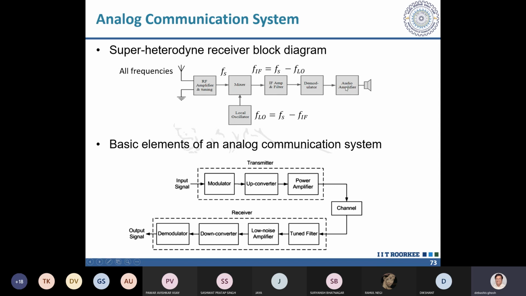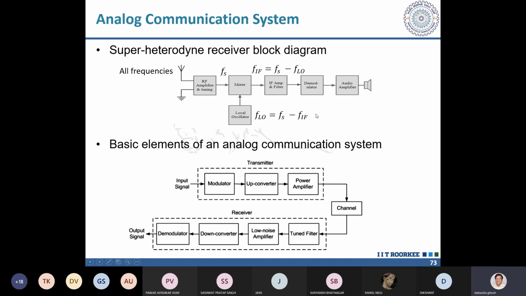So the circuit is fixed here, and all the frequency dependent performance, like selectivity, will be uniform for whatever radio station I am looking for. It doesn't depend on the radio station now. Finally I will have a very good output, and that output will be uniform over all radio stations. So that is the superheterodyne receiver block.